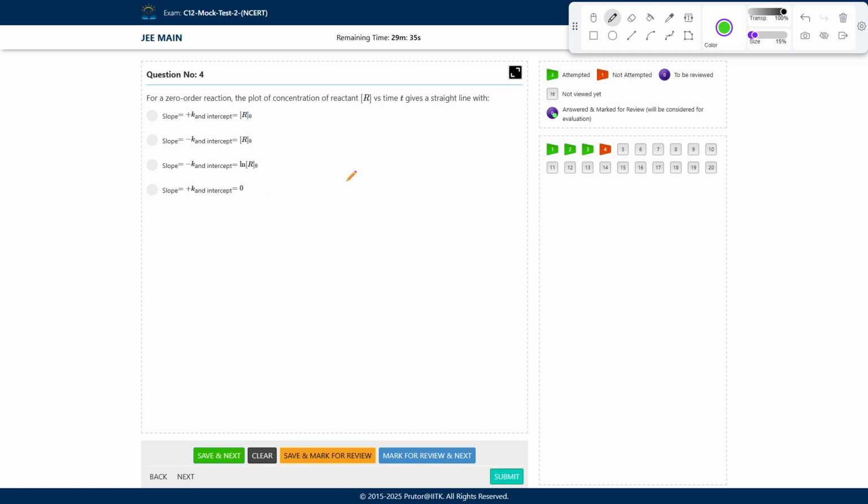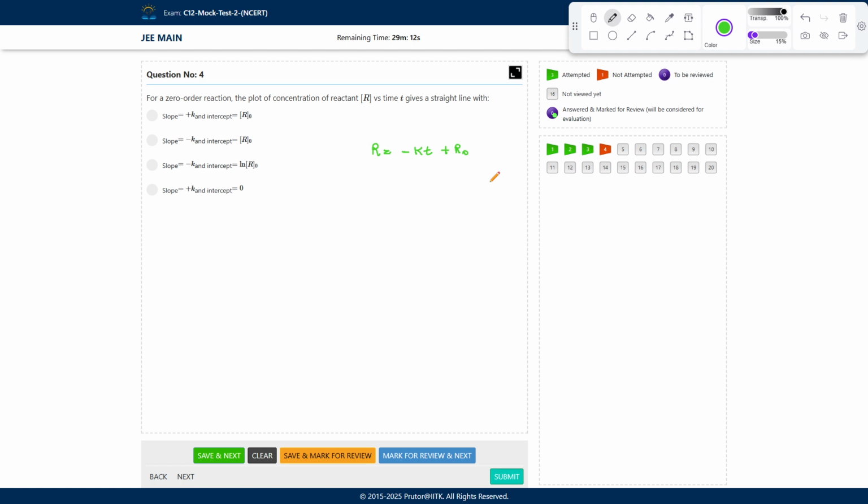So basically, if you know the integrated rate law for a zero order reaction, which is going to be R equals minus kt plus R naught. This we have integrated from that equation, which is minus dR by dt equals k times R naught to the power 0, right? Now R naught power is going to be 0 because this is a zero order reaction.